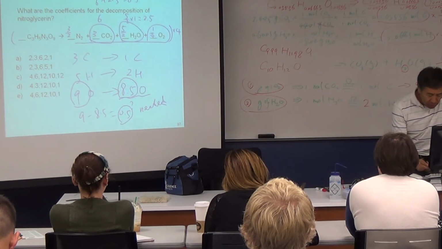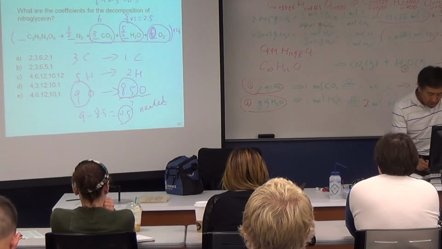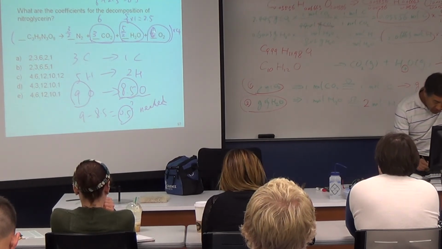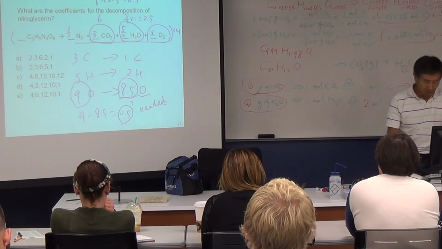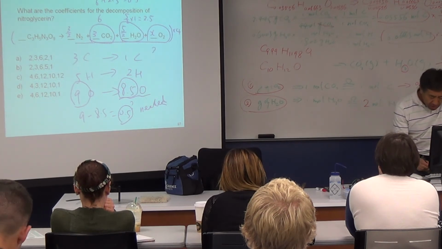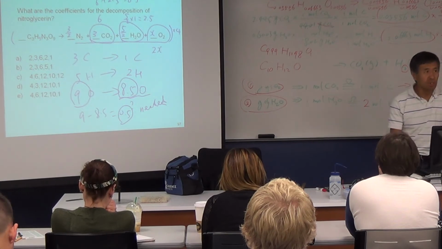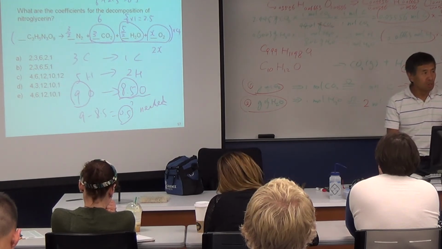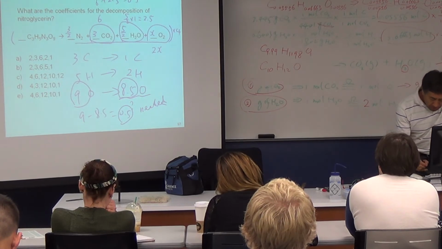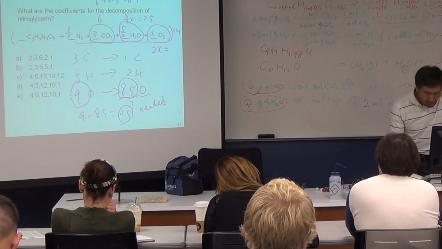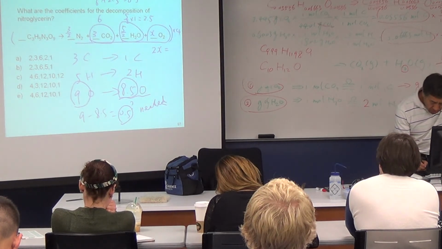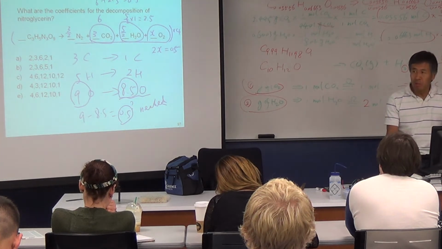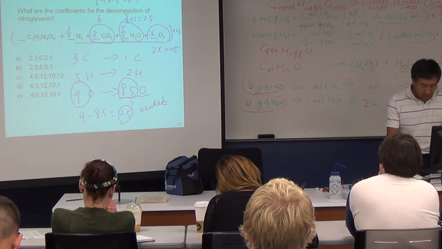So let's say we don't know this coefficient, and we call it x. So x times 2 is 2x. How much more O do we need? 0.5.